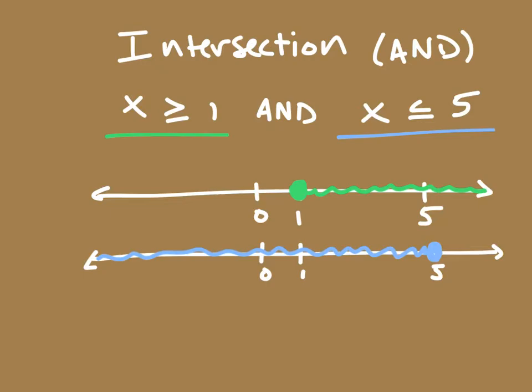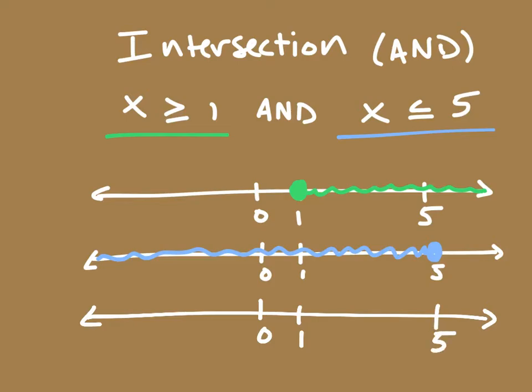Now I want to put these graphs together and determine where they share common points. Where do they intersect? I'll draw the same thing: here's 0, here's 1, here's 5. If I talk about the intersection between the two, they share points from 1 and then at 5 and lower.